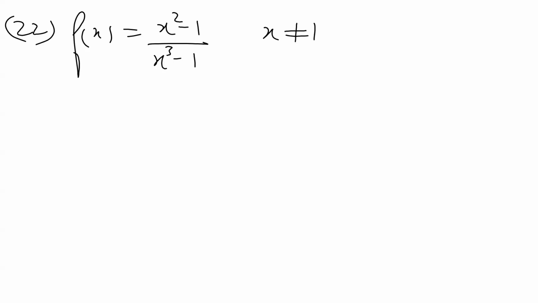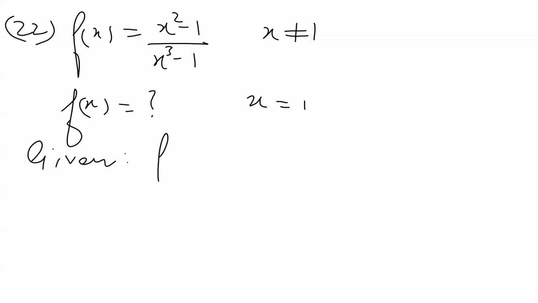So guys, if x is equal to 1 over here, 1 minus 1 will be 0, so x cannot take the value 1 over here. This will be true if and only if x is not equal to 1. So what should f of x be when x is equal to 1? Also given, read the problem very clearly: f of x is continuous at x is equal to 1.